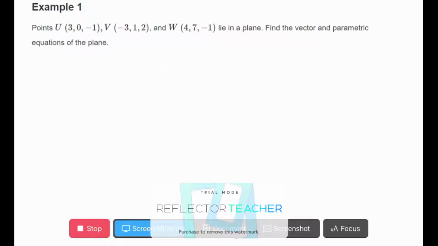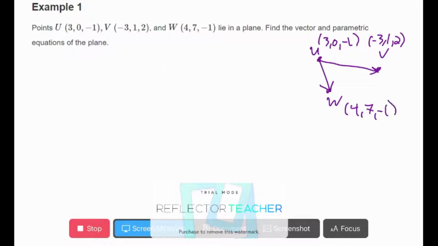If we were to sketch these quickly, we can visualize U, V, and W. So let's label. U is at (3, 0, -1). V is at (-3, 1, 2). And W is located at (4, 7, -1).